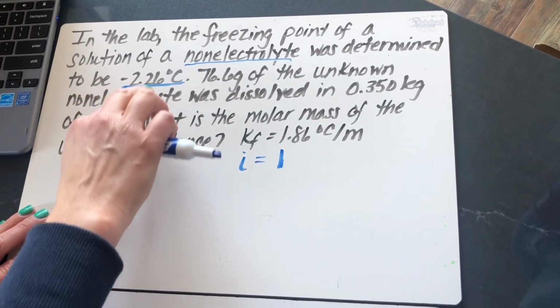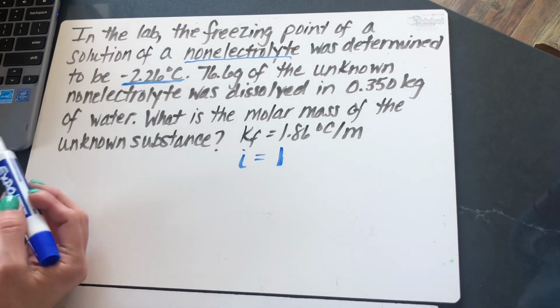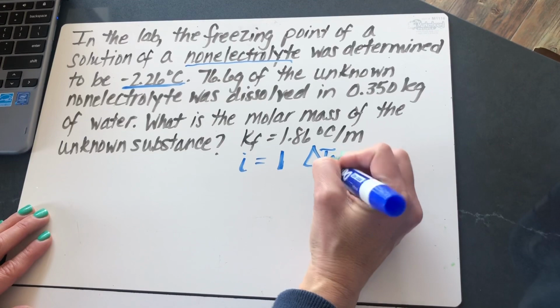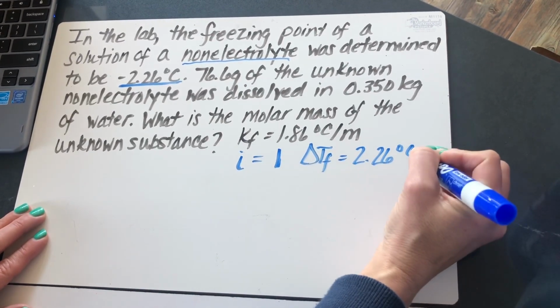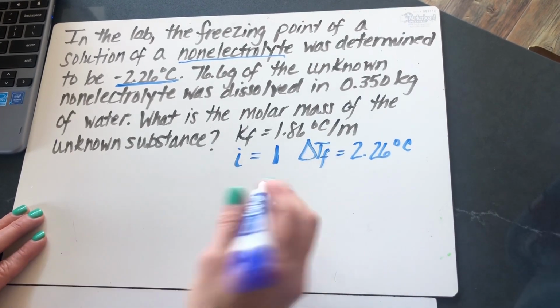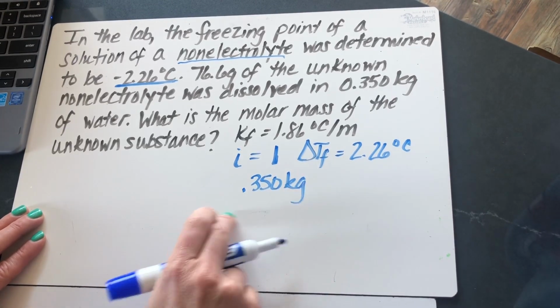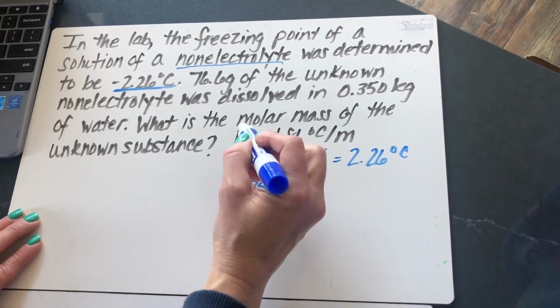Because this is the freezing point, we want the change in freezing point. Change in freezing point would only be 2.26 degrees Celsius because that value is subtracted from 0. They also tell us that we have 0.350 kilograms of solution. We're going to need that a little bit later. And then we're trying to find molar mass.